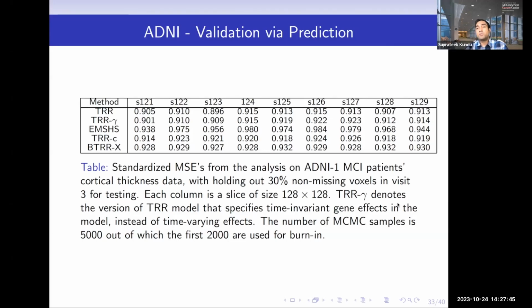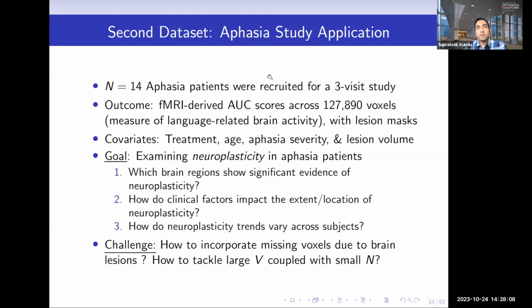So for most of the slices, usually having this leads to a better out-of-sample predictive performance, which again implies a better modeling fit for us. So that's a numerical validation, a justification for using these time varying coefficients, in addition to the biological justification that we provided.